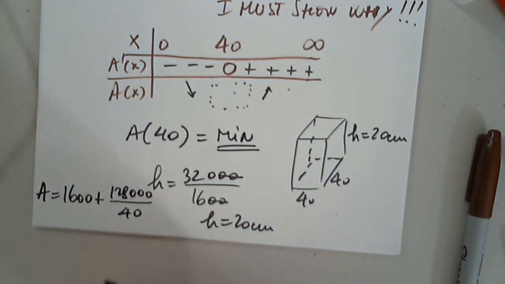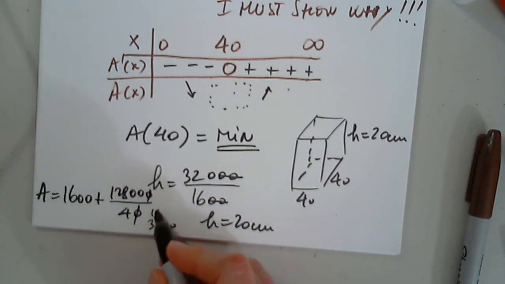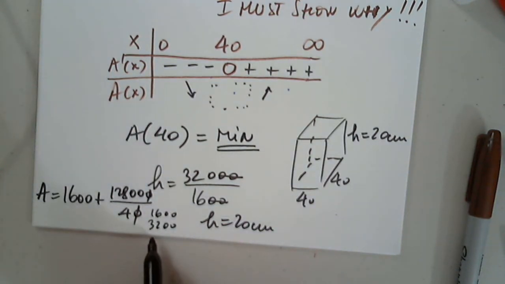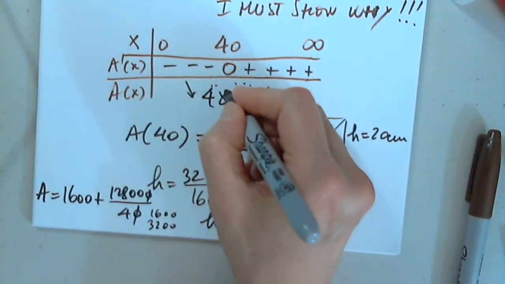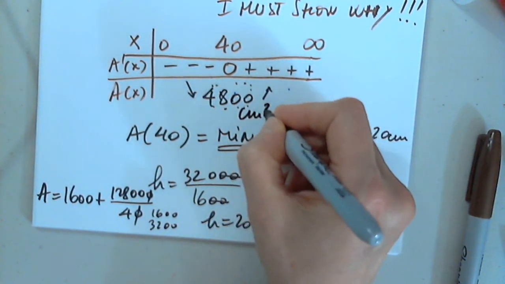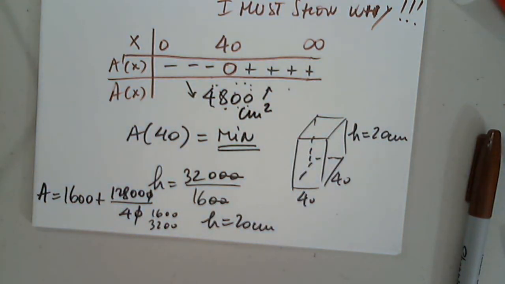So what do I get here? 3,200 plus 1,600. I got 4,800 squared centimeters indeed, because it's the area, and it's guaranteed to be the minimum.